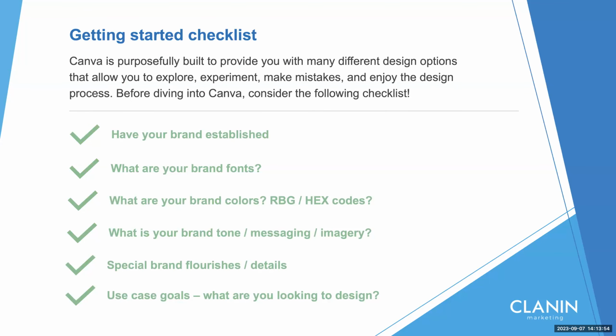All right, so it's really important before you dive into Canva to kind of develop a checklist of things. They provide you with so many different design options, and you're going to see you could spend hours in Canva looking through all the really cool designs. And you might find a design that you're like, ooh, let me start with that. I'll start tweaking it a bit and adding in my fonts and colors and images.